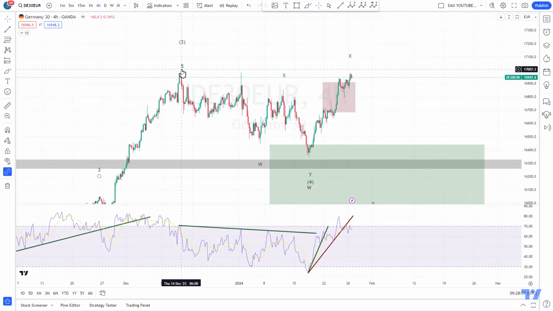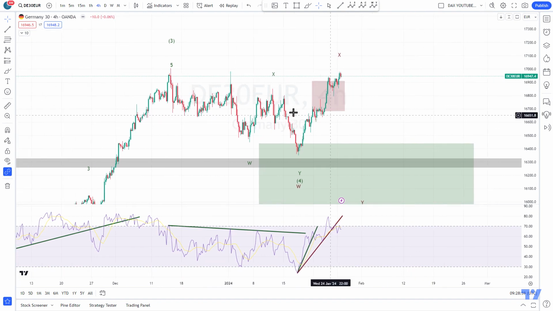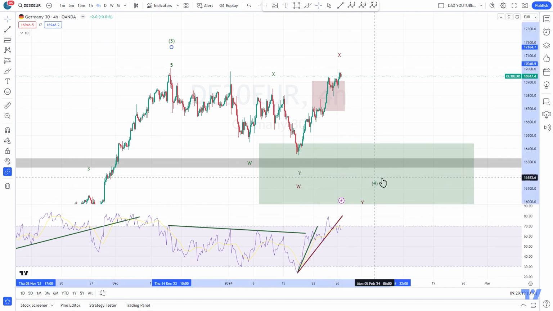So if this is our wave 3 high, it could still be that we have an expanded flat structure right here. Then this is our wave A in 3, 1, 2, 3, wave A. Then this can be our overshooting wave B, and then we can have a C leg down, an impulse down as our fourth wave.